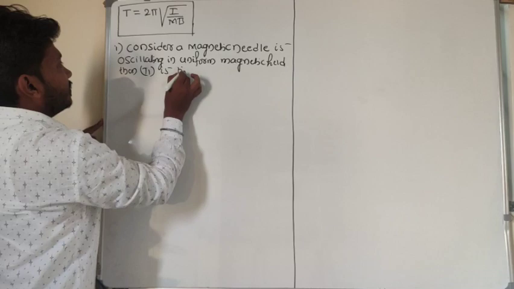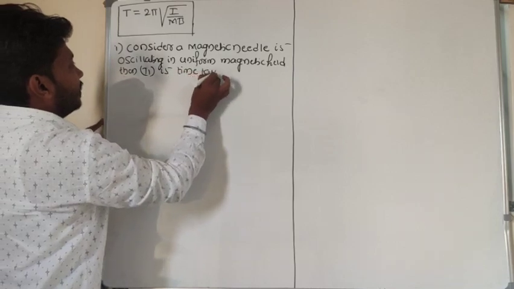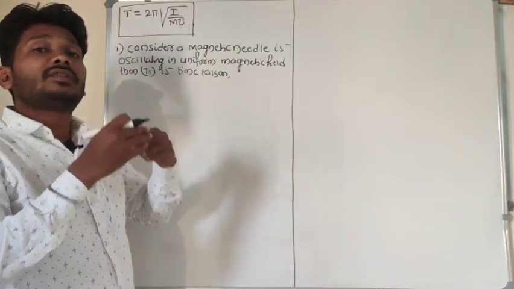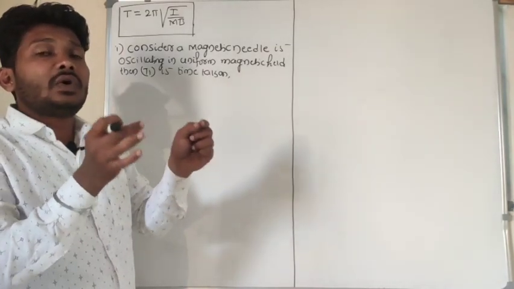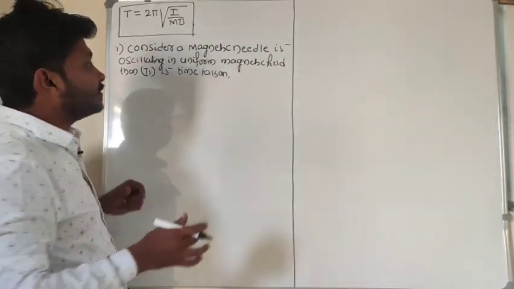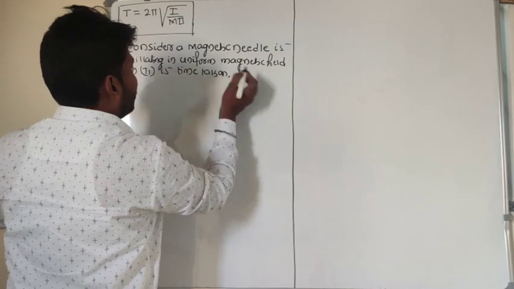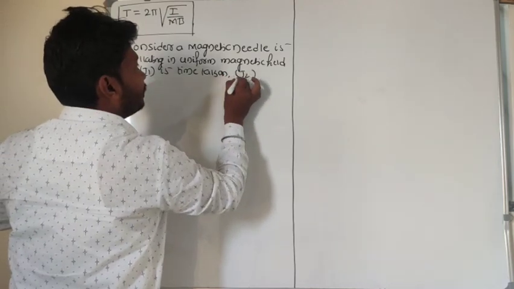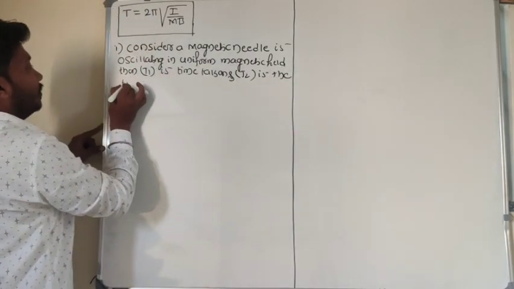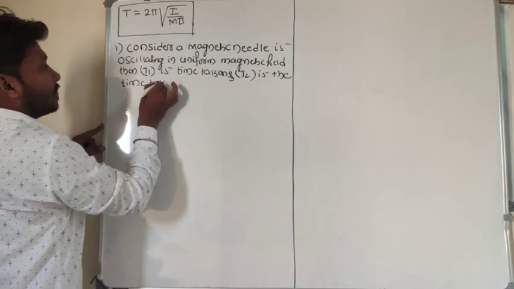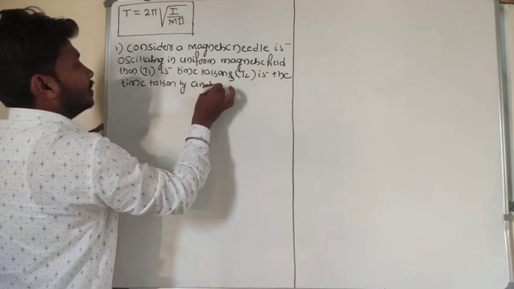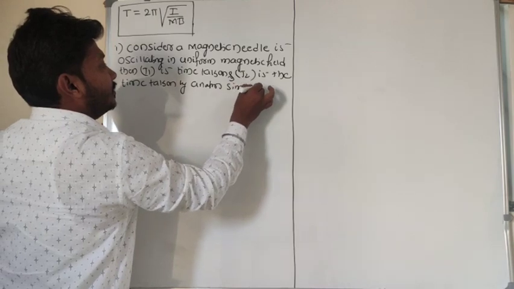Now I will take a similar magnetic needle that is also oscillating in the same uniform magnetic field. Then its time taken is t2. t1 is the time taken and t2 is the time taken by another similar needle.